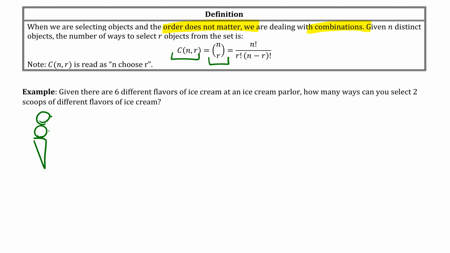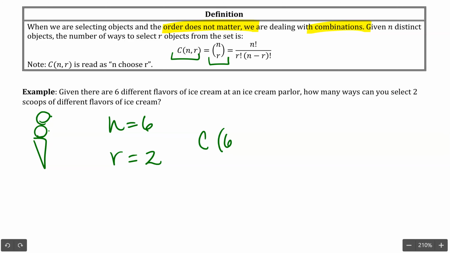So defining n and r, n is our total number of objects, 6, and r is how many objects we are selecting, which is 2. So we want 6 choose 2, which is 6 factorial divided by 2 factorial times 6 minus 2 factorial.